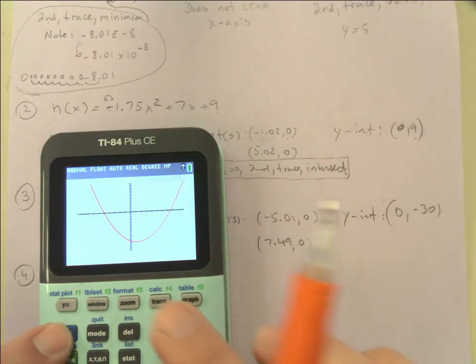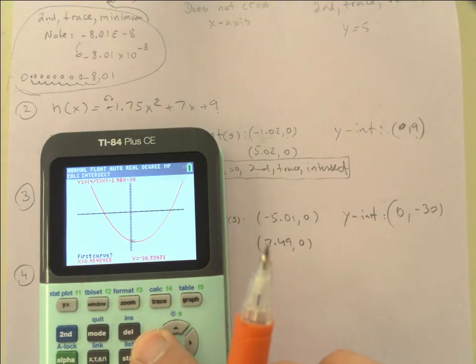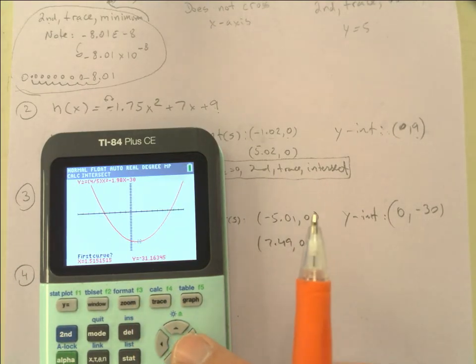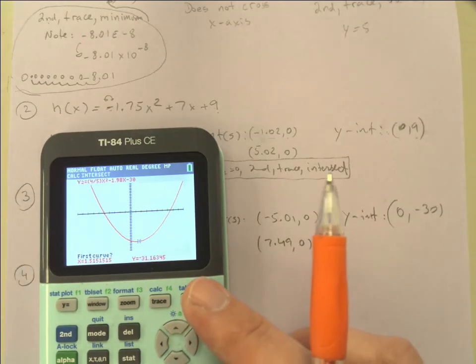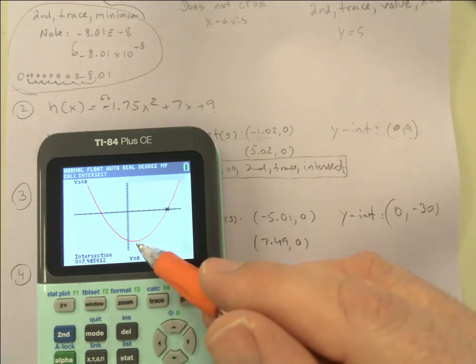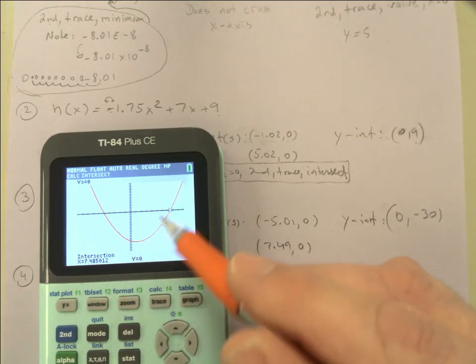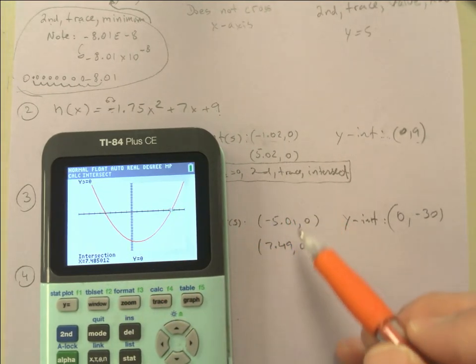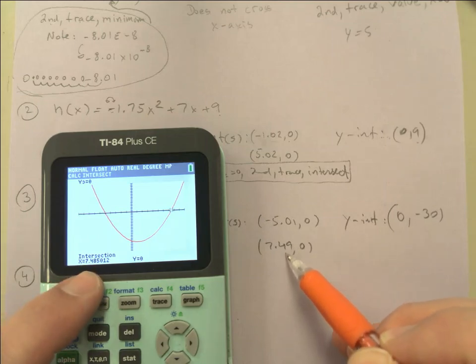So anyways, second trace 5, you travel. This is important. If you're kind of like in between and you hit enter 3 times, it's going to find the one that's closest to where you started your selection. So in this case, I found the one to the right, which is 7.49.